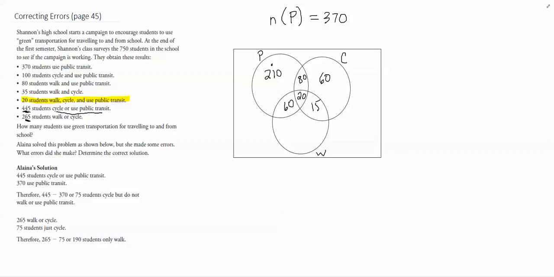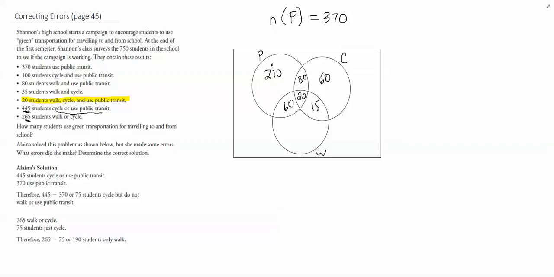So we start with 265, we subtract out 80, subtract out 60, subtract out 20, and subtract out 15.